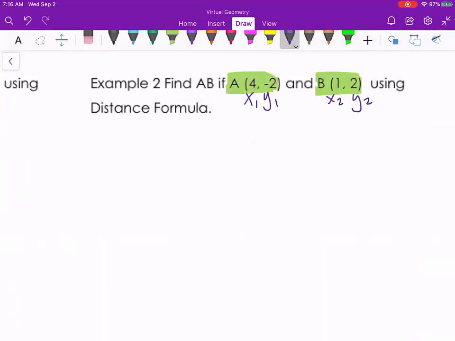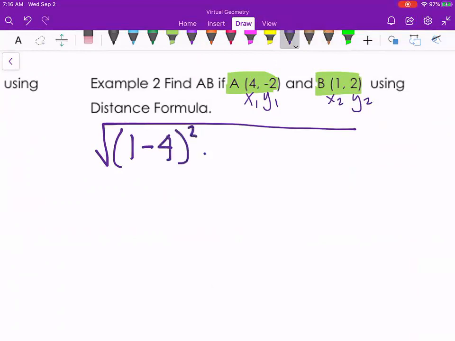So I need a big square root. All right, we start off with x sub 2, which is a 1, minus x1, which is a 4. And then we'll square it, plus we'll do the same thing to the y's, y2. So that's a positive 2 minus y1, a negative 2. And then we'll square these.